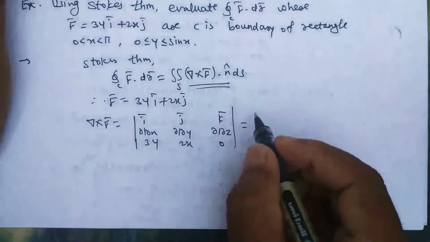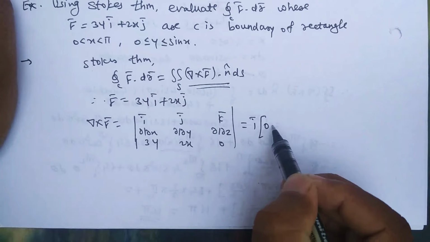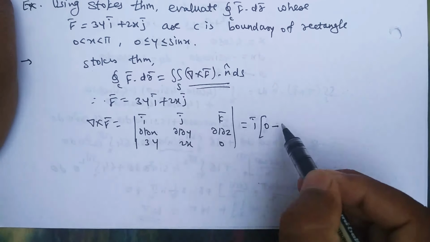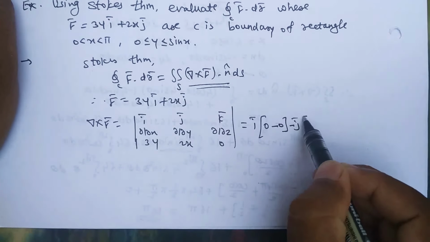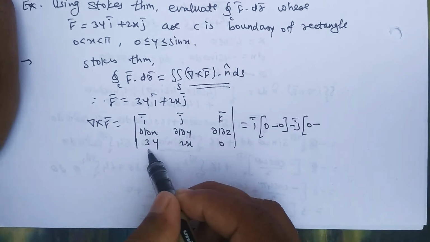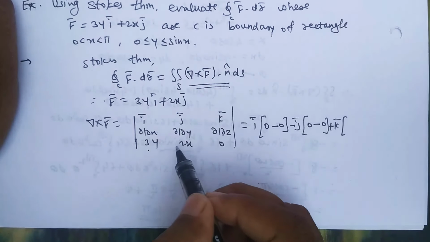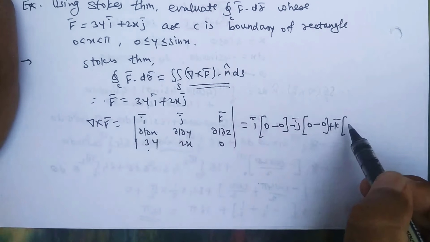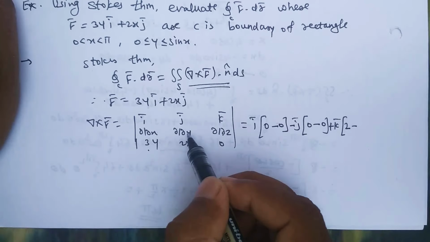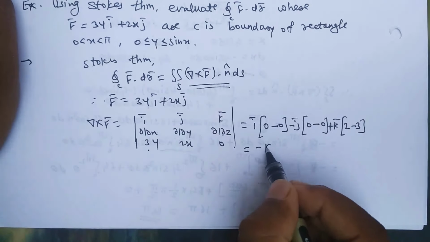Solving this determinant we will get i bar into derivative of 0 with respect to y, it is 0, minus derivative of 2x with respect to z, it is 0, minus j bar into derivative of 0 with respect to x, it is 0, and derivative of 3y with respect to z, it is 0, plus k bar into derivative of 2x with respect to x, it is 2, minus derivative of 3y with respect to y, it is 3. So you will get here minus k bar.